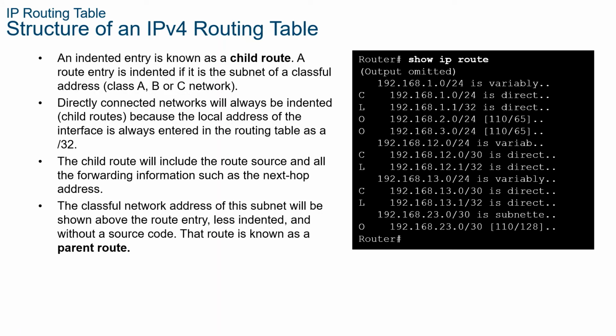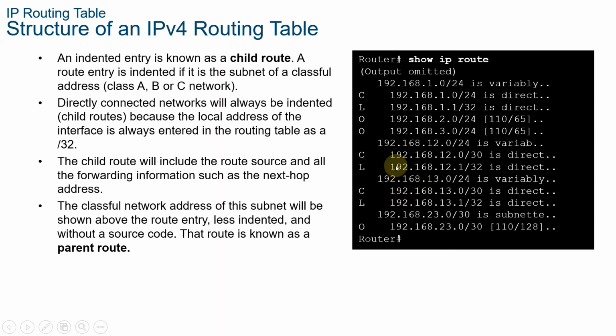Okay, so the classful network address of this subnet will only be shown above the route entry, less indented and without a source code. So the route is known as the parent route. Okay, so this is just a brief introduction to the structure of an IPv4 routing table and does not cover the specifics of this architecture.